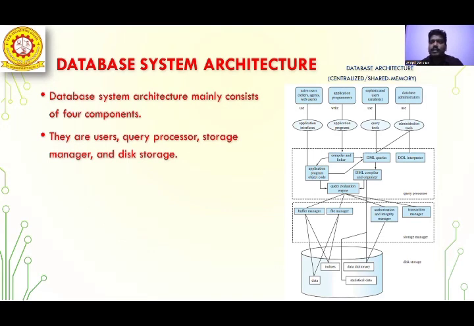And come to the next part in this structure, the query processor. The query processor converts the high-level queries into low-level instructions. In this, there are different parts available: a DDL interpreter, a DML compiler and organizer, application program object code, the query evaluation engine, and DML queries.